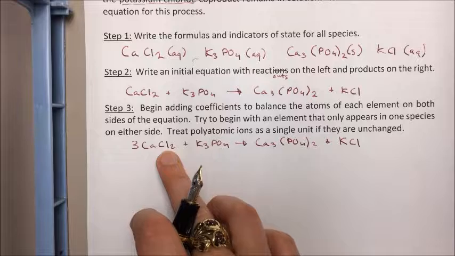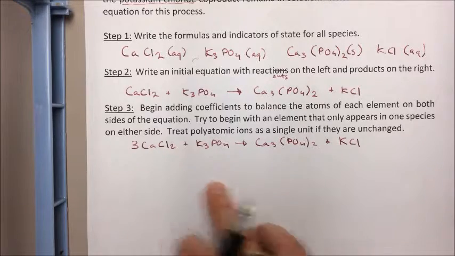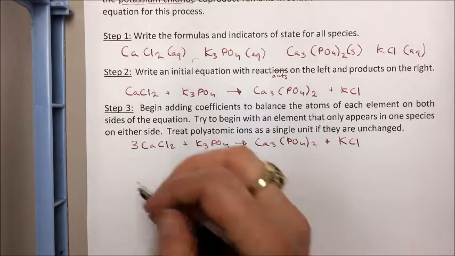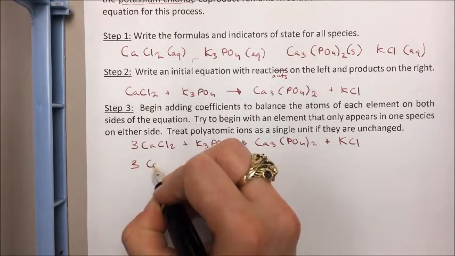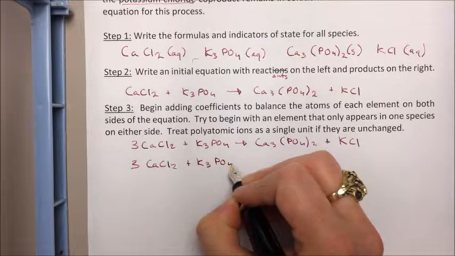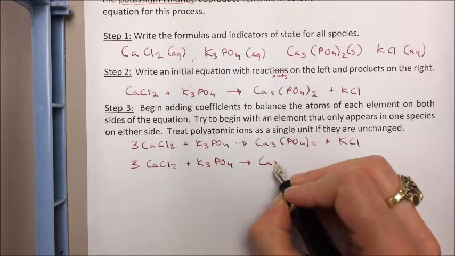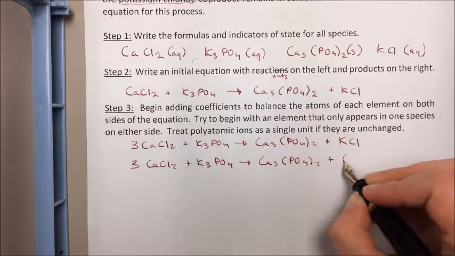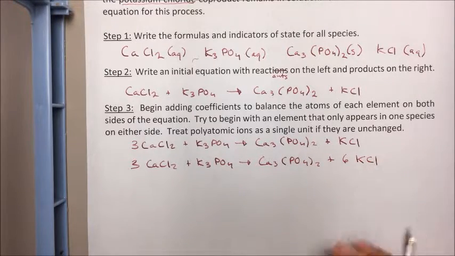We have 6 chlorines on our reactant side and only 1 on our product side. So let's put a 6 in front of that KCl. 3 CaCl2 plus K3PO4 becomes Ca3(PO4)2 plus 6 KCl.